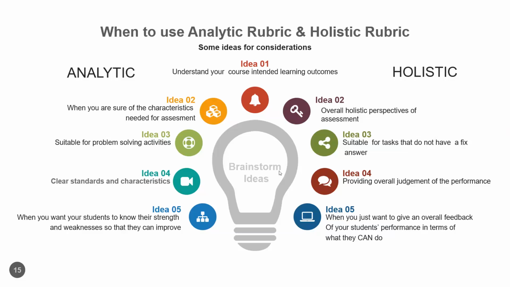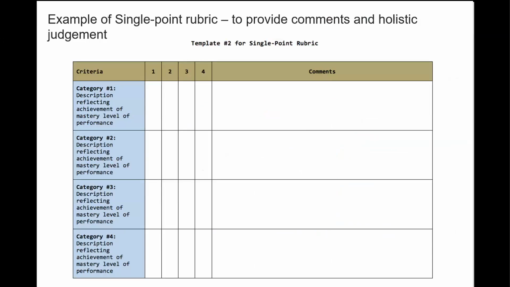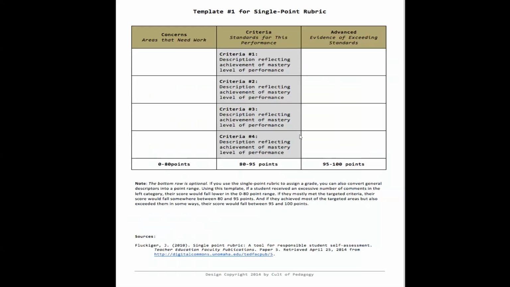Well, remember I showed you the next question was, or both in combination, is there any rule of thumb? If you want to consider using the single point rubric, this will be the combination, kind of like a combination, because you do have the criteria, but you need to also provide the information.